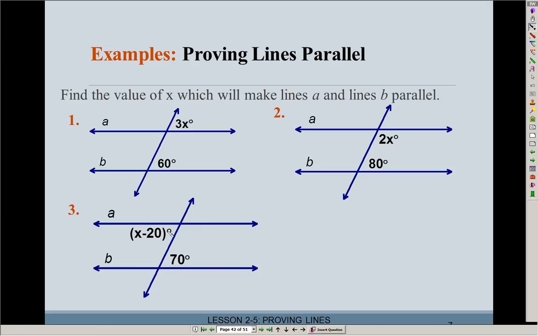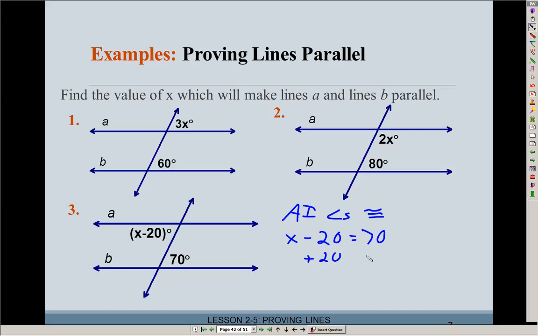How about this pair? They're on opposite sides of the transversal, in between the two lines. These are alternate interior angles. And alternate interior angles need to be congruent to make the lines parallel. Alternate interior angles need to be congruent. So let's make those measures equal each other. X minus 20 equals 70.